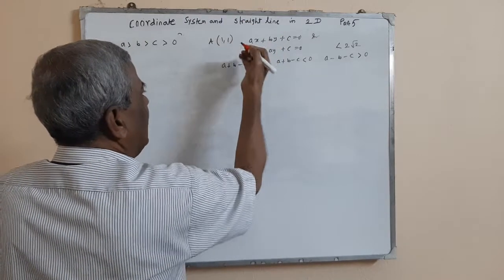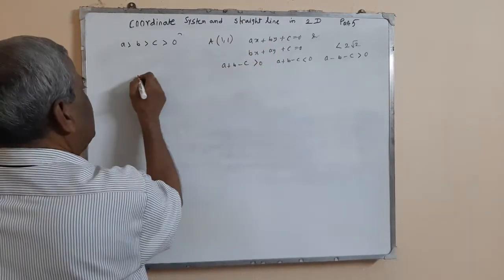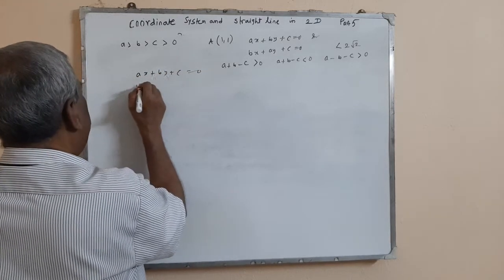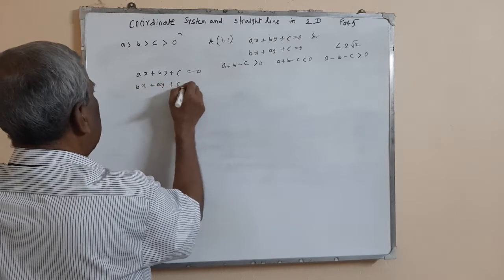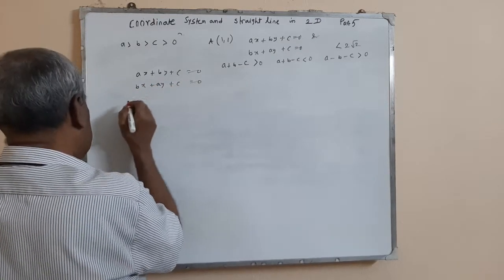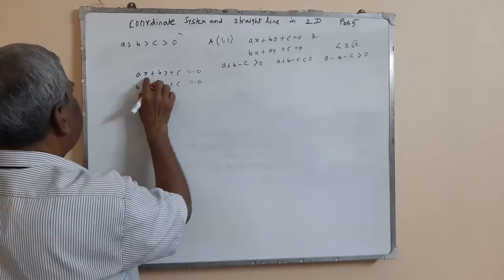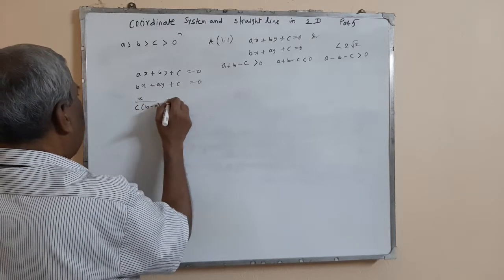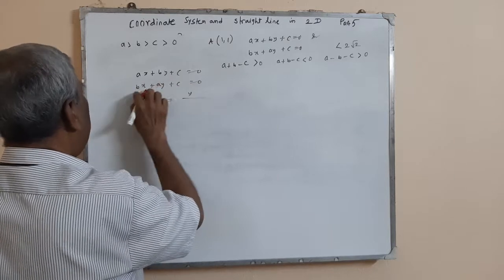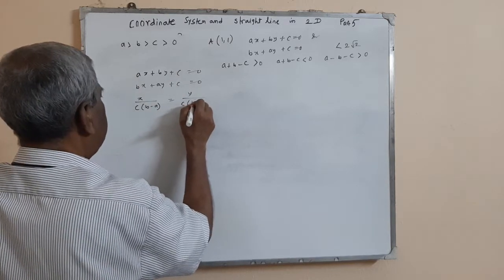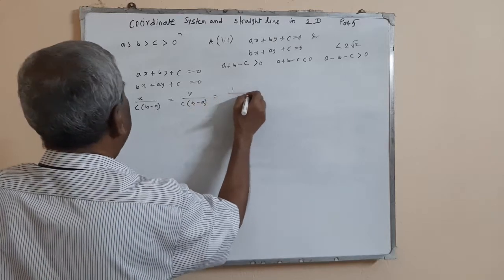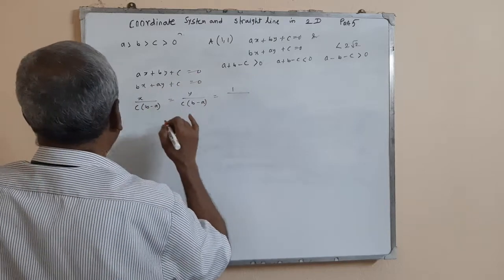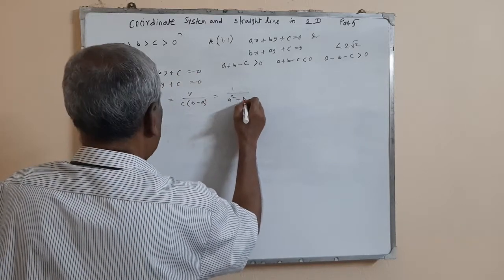So from here, solving this straight line and that straight line, we get AX plus BY plus C is equal to 0, BX plus AY plus C is equal to 0. By cross multiplication, we get X by BC minus CA is equal to Y by BC minus CA is equal to 1 by A square minus B square.